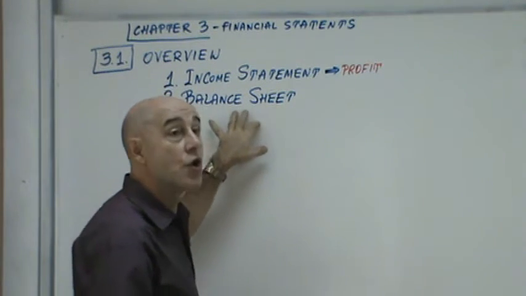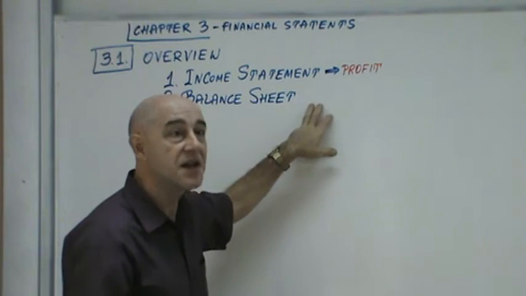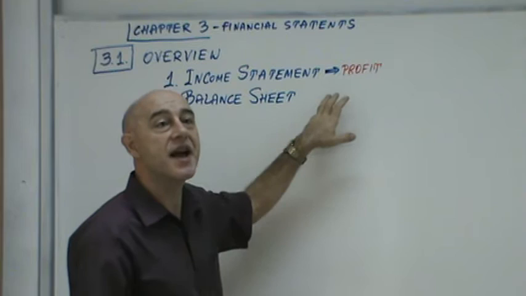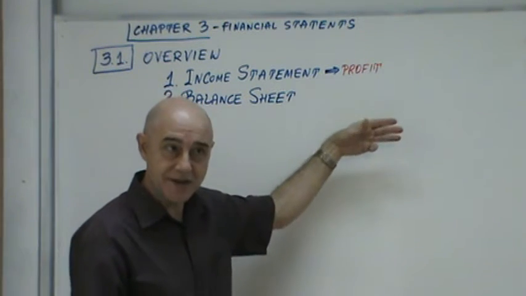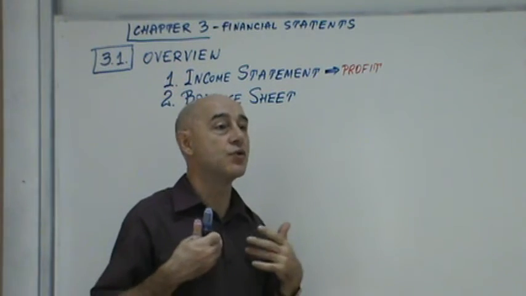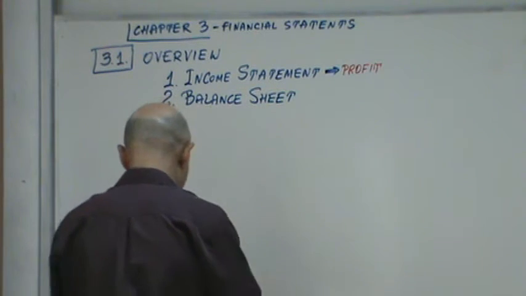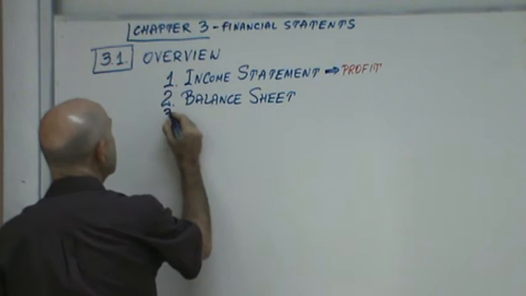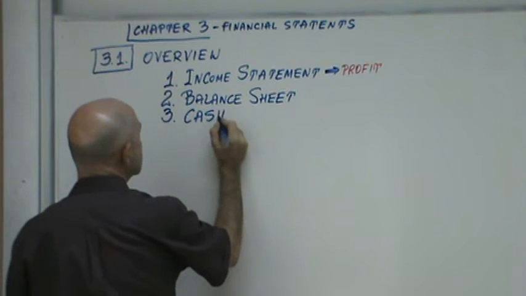It tells you what assets the company has and how these assets were financed. How much of it was debt, what type of debt, and how much of it was owner's equity. Is it investments?